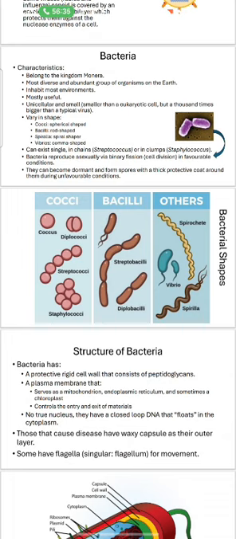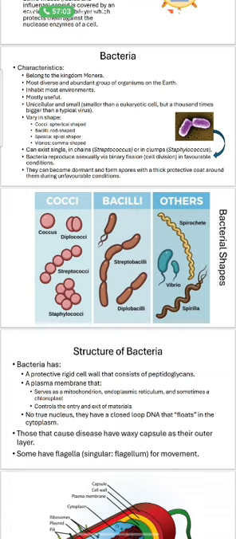So the structure of bacteria. Bacteria have a protective rigid cell wall that consists of peptidoglycan, a plasma membrane that controls the entry and exit of materials. No true nucleus.